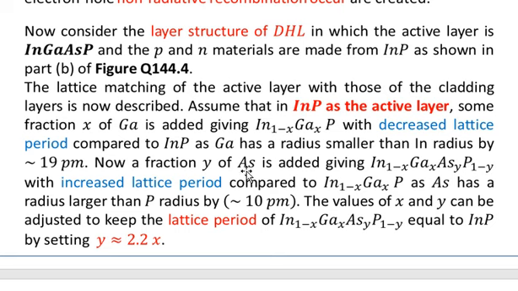Now consider a fraction Y of arsenic is added, giving indium gallium arsenide phosphate.